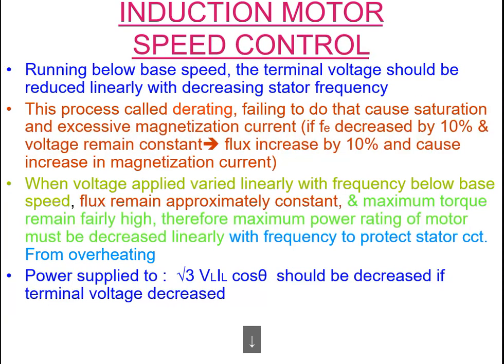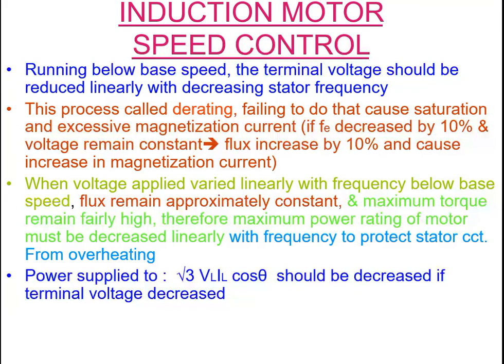Running below the base speed, the terminal voltage should be reduced linearly with decreasing stator frequency. This process is called derating, and failing to do that causes saturation and excessive magnetization current.